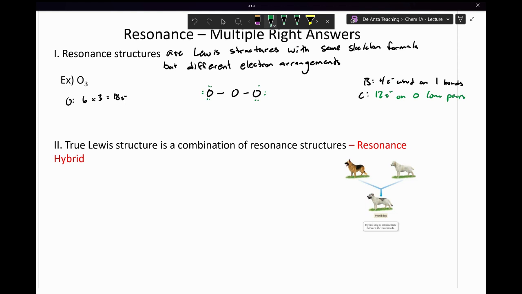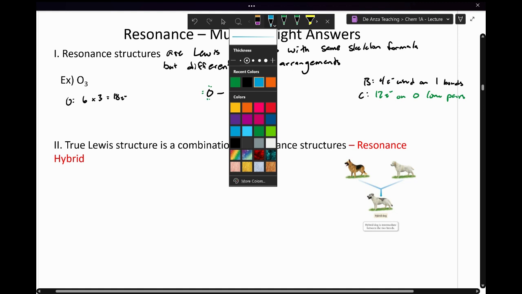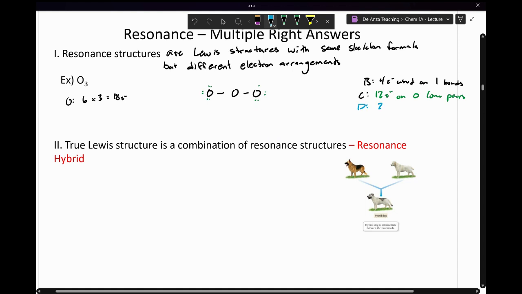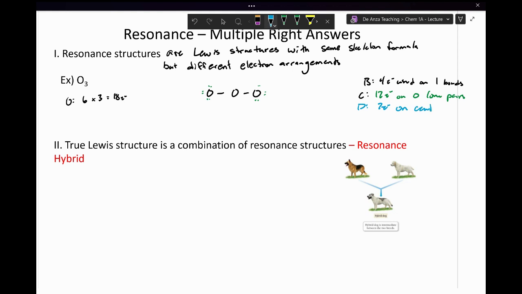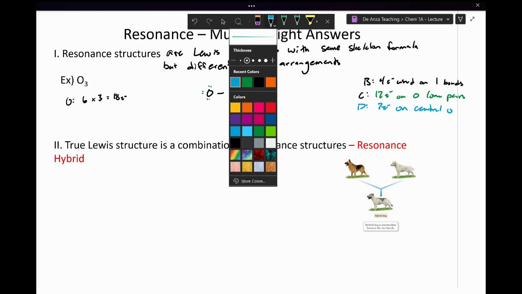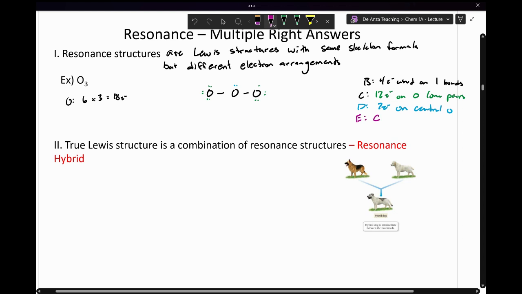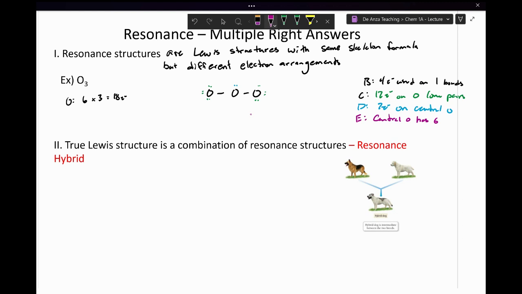We've used 16, so we have one final set of electrons that we can put onto our central oxygen. So 2 electrons onto central O. And if we look at that point, we see that the central O has 6 electrons.